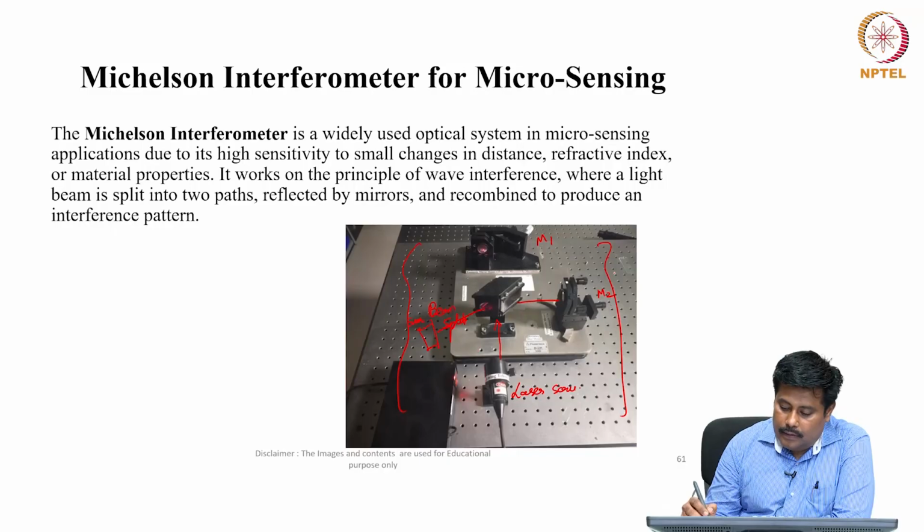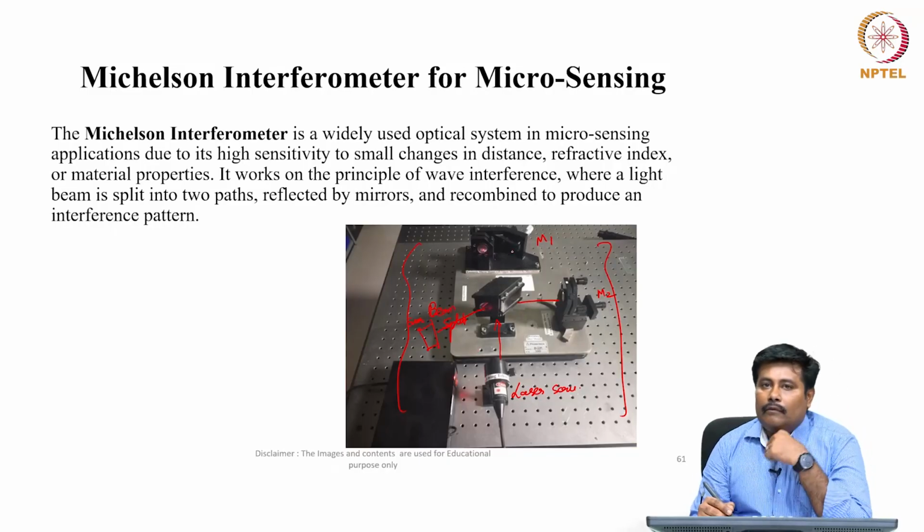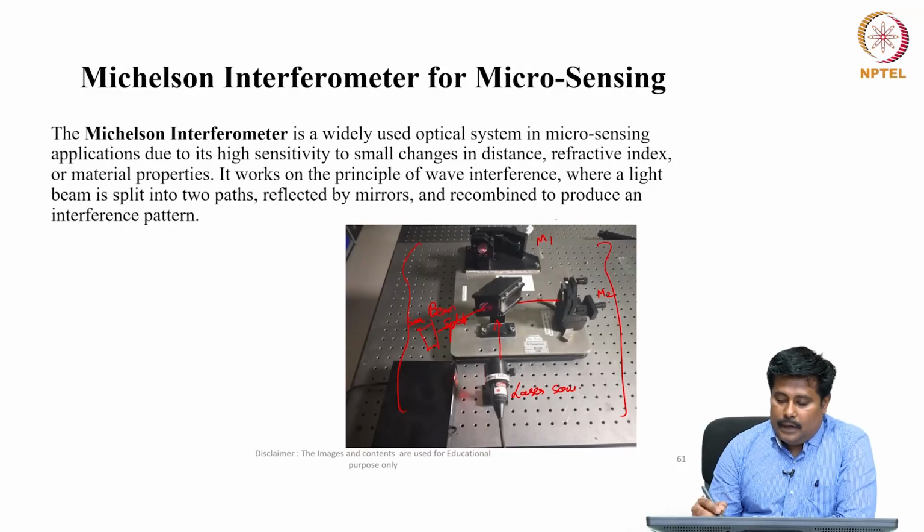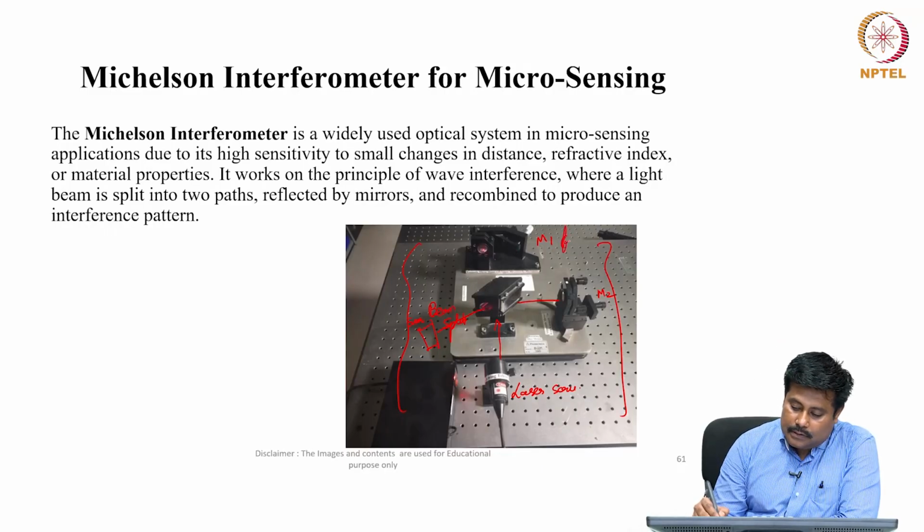Mirror M1 may be fixed and mirror M2 may be movable, based on the objectives related to displacement.